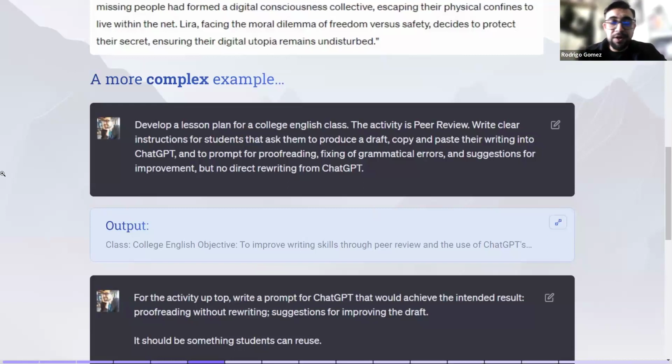So the idea here is really, I don't want ChatGPT to rewrite anything that the student has submitted or anything that I'm running through the program at all. I would simply like for it to give feedback like a reader would. And so it doesn't, in fact, rewrite anything. It only gives you a certain type of feedback.